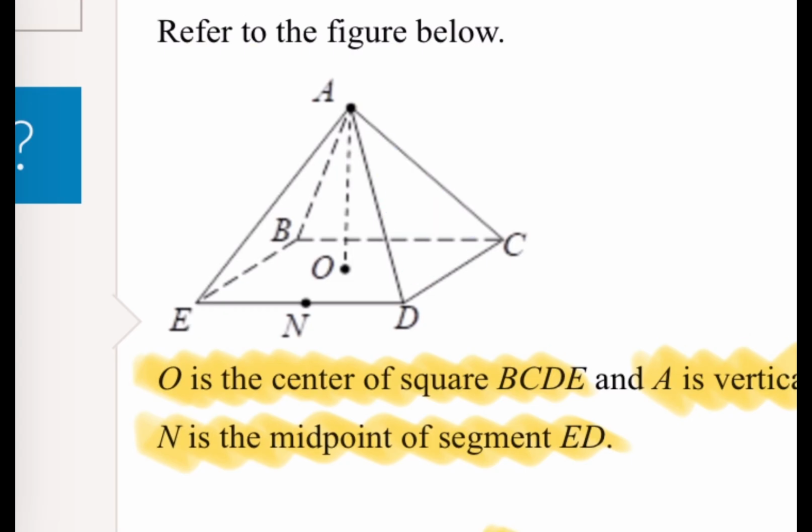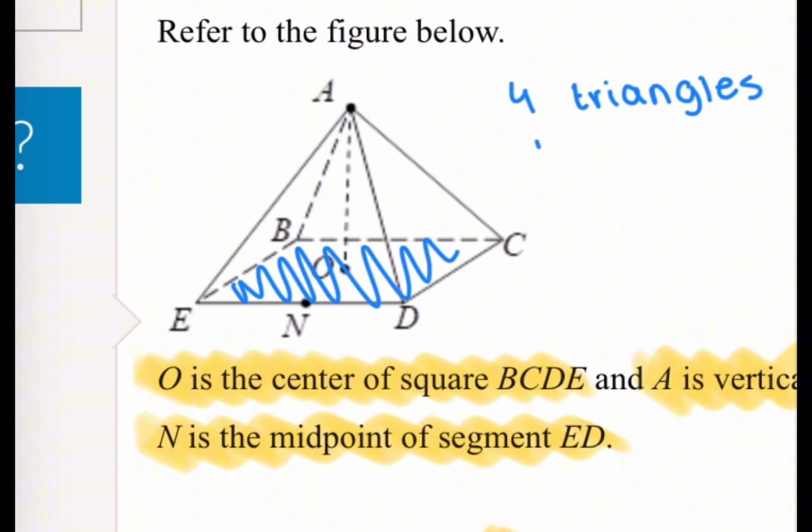So that's 2 faces so far. There's one face back here, and then there's one here. So in total, we've got here 4 triangles. And keep in mind that all these triangles are all equal to each other. And then on the bottom, we've got a square. And then we have one square.